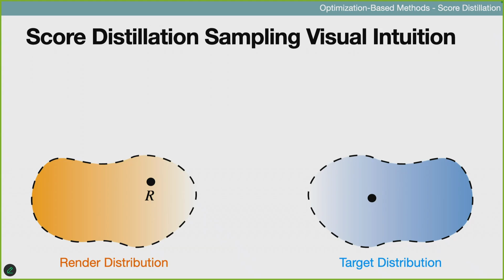So this is basically a render of our 3D shape, and it's been produced by a differentiable renderer. And then what we want to do is get some gradient direction that we can apply to this render that tells us how we should move to get towards our target. And this could be some target condition on text, it could be a condition on some image, whatever we want. So the first thing we do is we add some noise to our existing rendered image R.